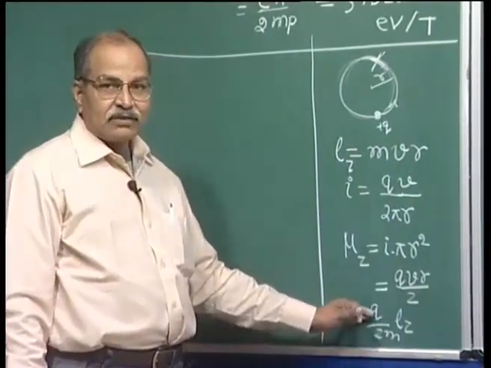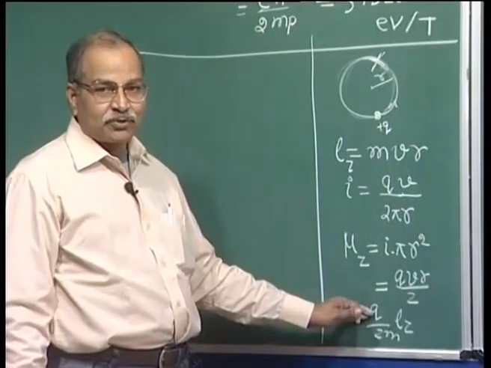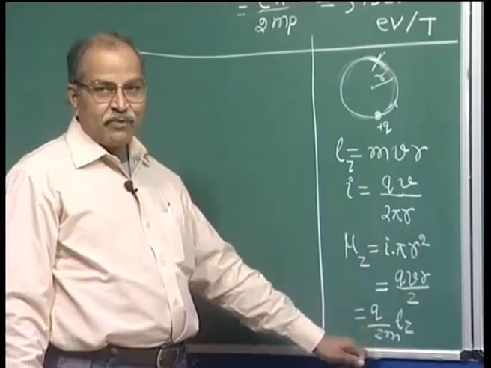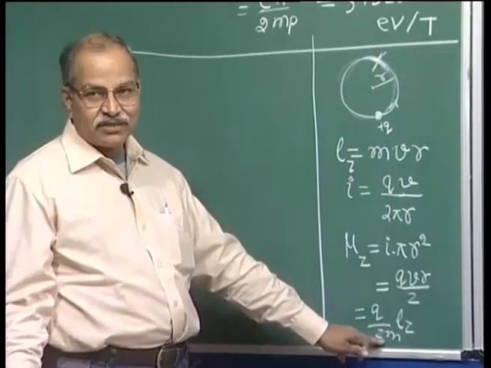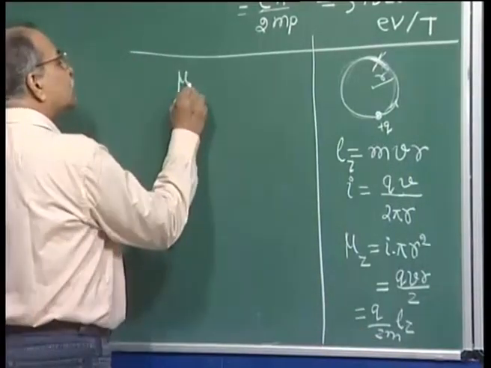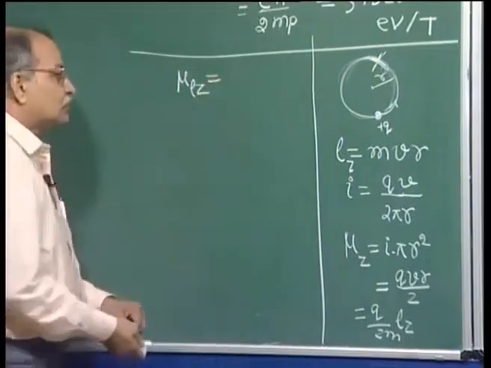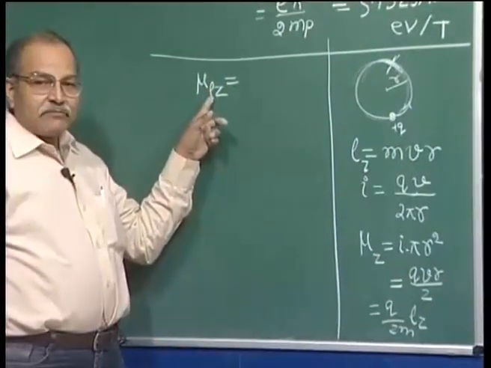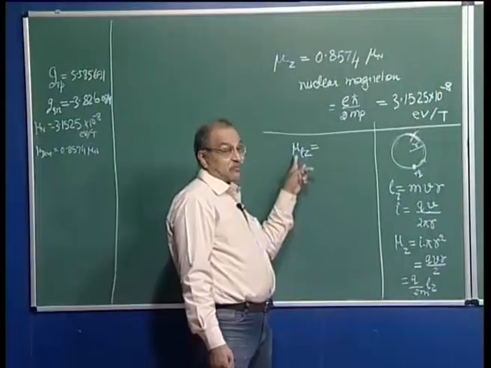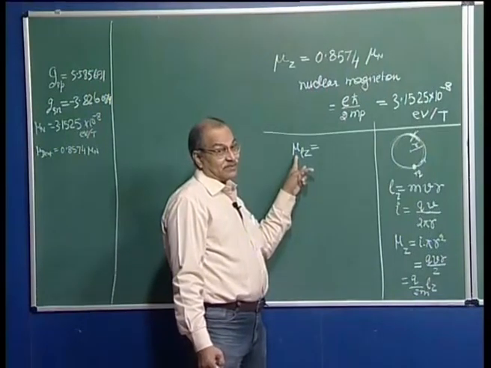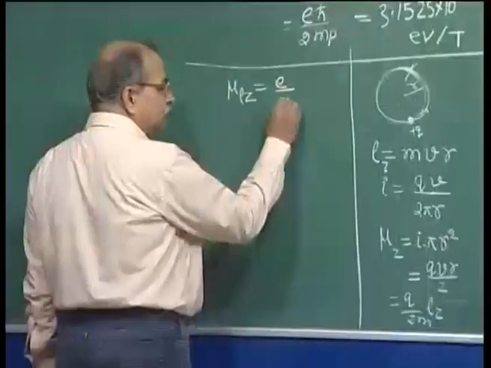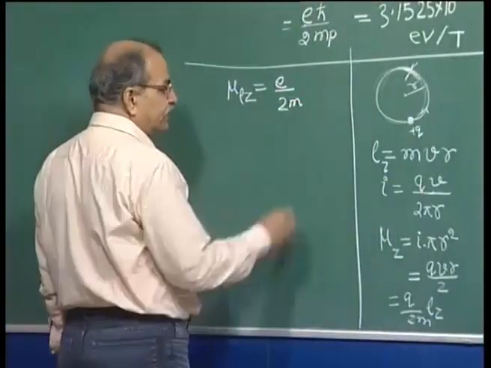So, for an electron or proton, the charge q will be just e, and m will be the mass of that particle. If it is an electron, it is the mass of the electron; if it is a proton, the mass of the proton. So, mu L z. What I am writing with L is the magnetic moment corresponding to orbital angular momentum, not the net magnetic moment. That is still given by e divided by 2m times L z.